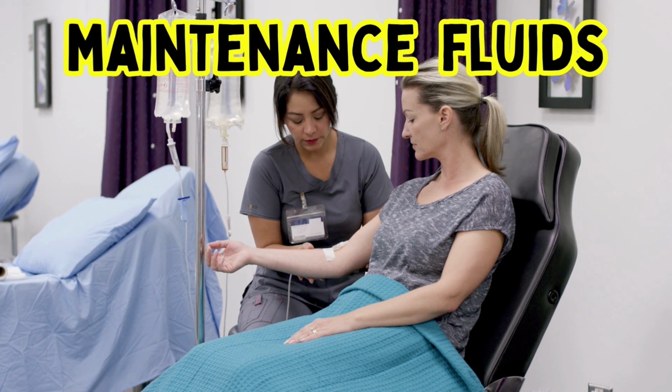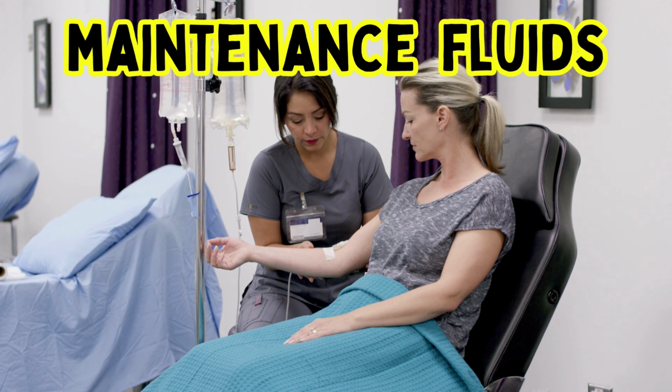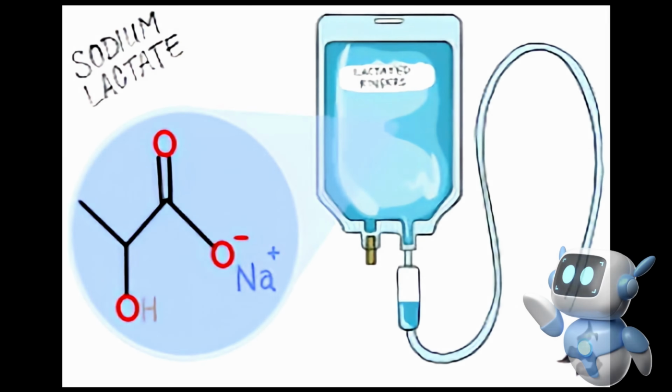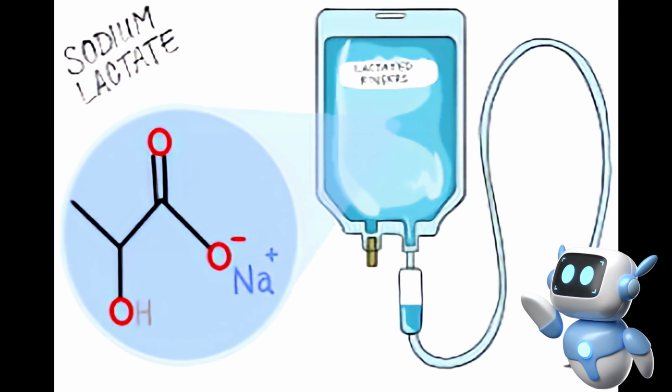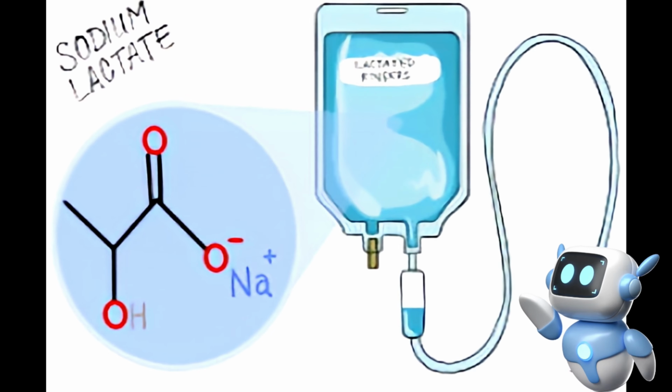D5 normal saline again treats hypovolemia and is a maintenance IV fluid and provides calories, water, and electrolytes. D5% in lactated Ringer's or D5LR provides calories, water, electrolytes, and also contains sodium lactate, which may be used to treat metabolic acidosis. Next, we come to 10% dextrose in water or D10W.